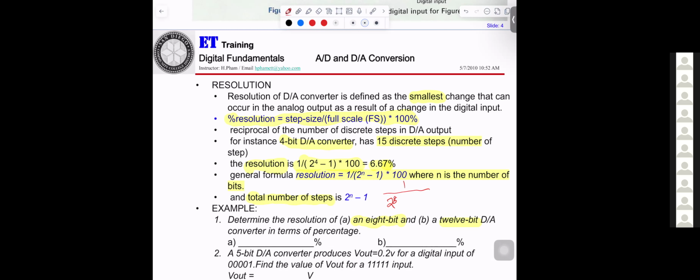Power of 8, minus 1, times 100. So that's why you can get the answer here.